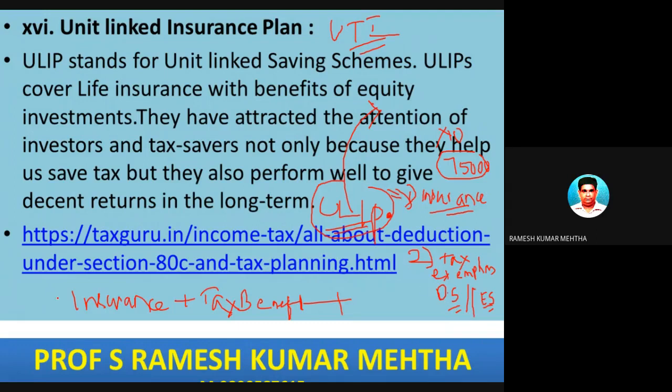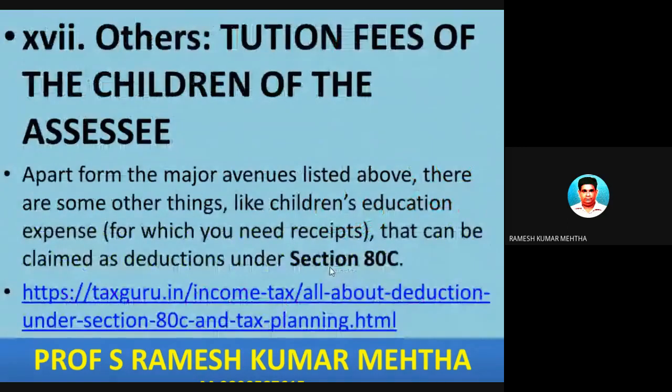So I will get the benefit of insurance, tax benefit, investment in equity linked savings schemes, and investment in equities as well as debt securities. So this is about the unit linked insurance plan under section 80C of the Income Tax Act 1961 as an element of tax deduction.